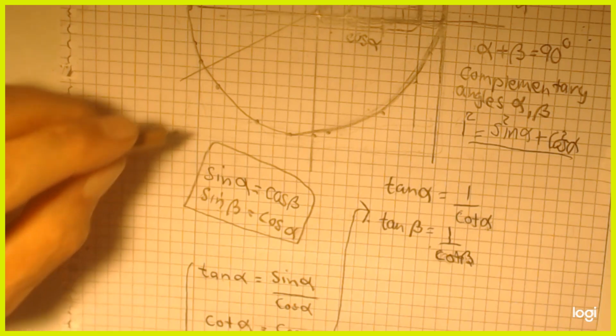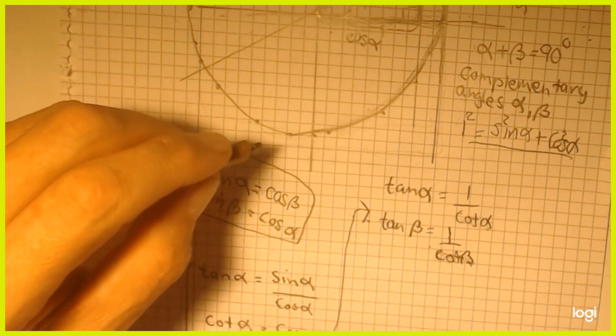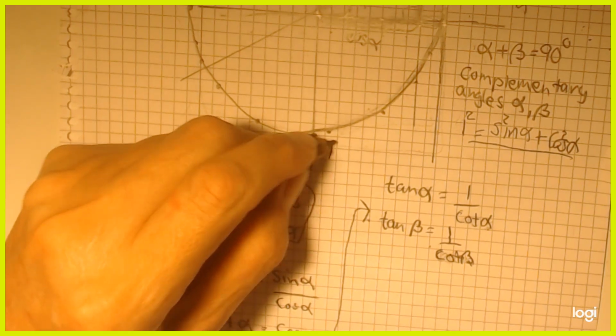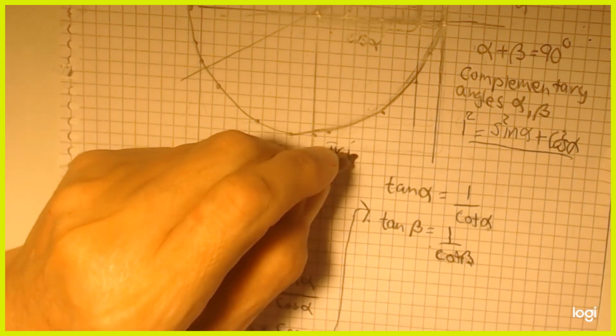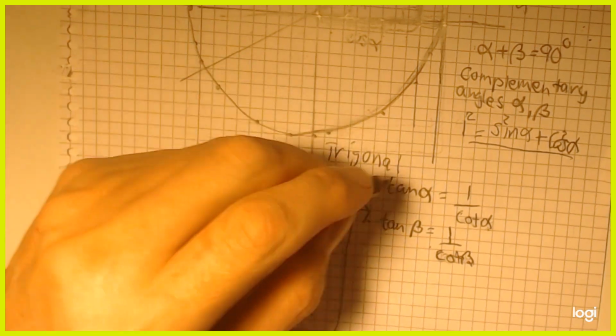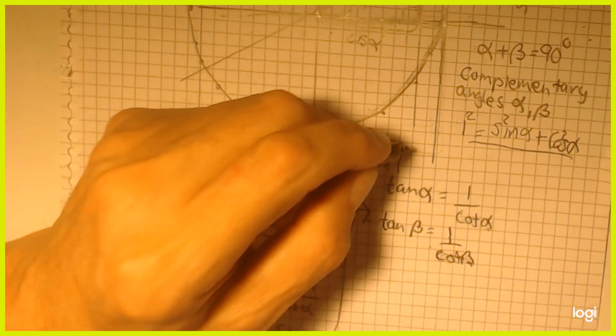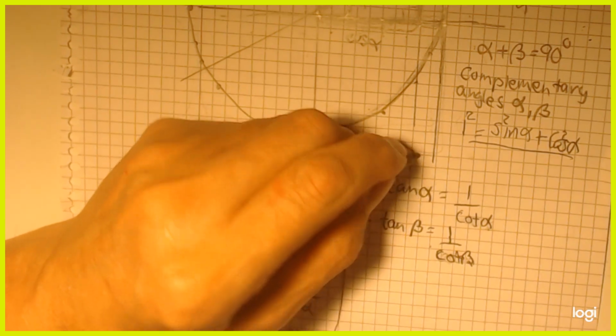And then we have trigonometrical identities.